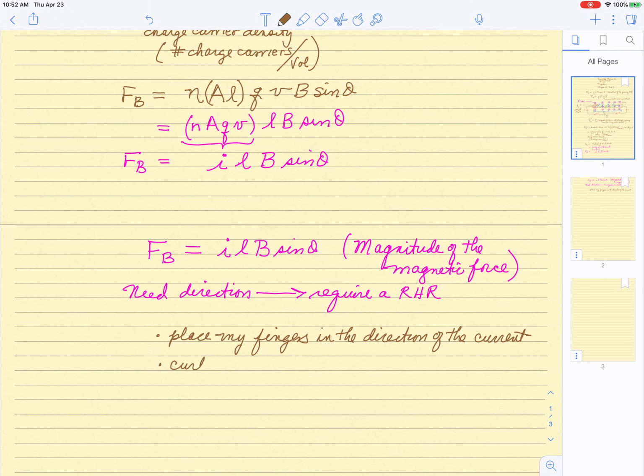I'm going to curl my fingers such that my fingertips are in the direction of the magnetic field.